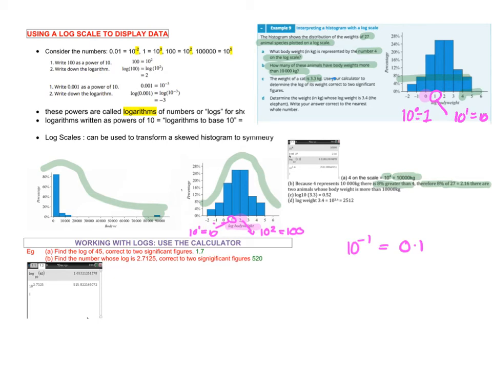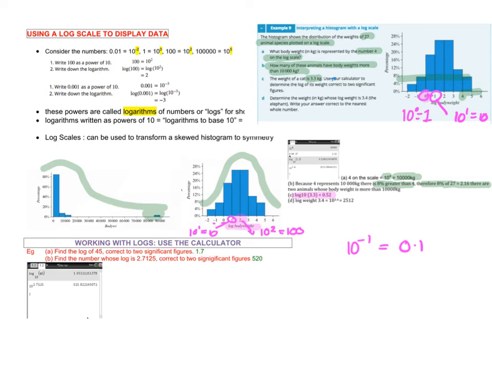So if a cat is 3.3, it should be somewhere between 0 and 1. And when you log 10 of 3.3, you get 0.52, so I was correct.